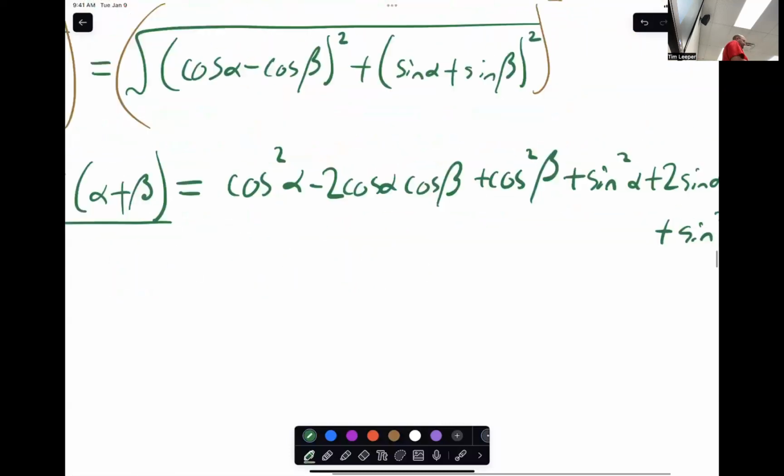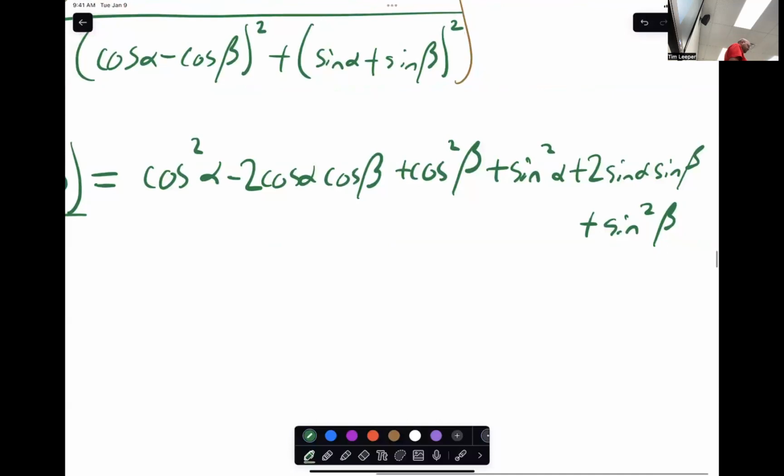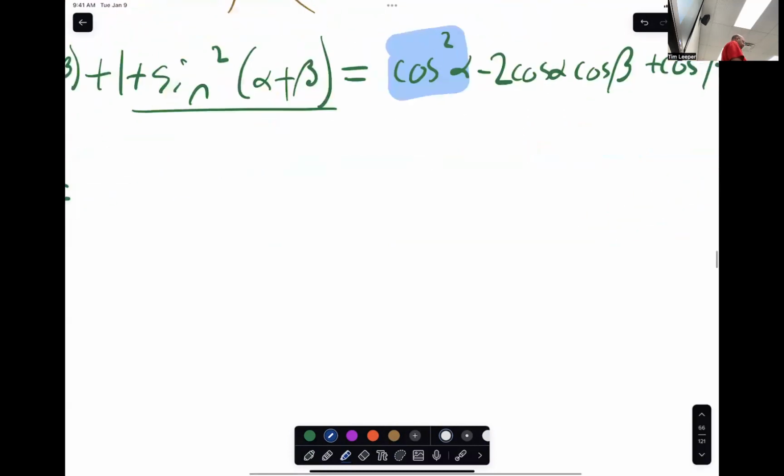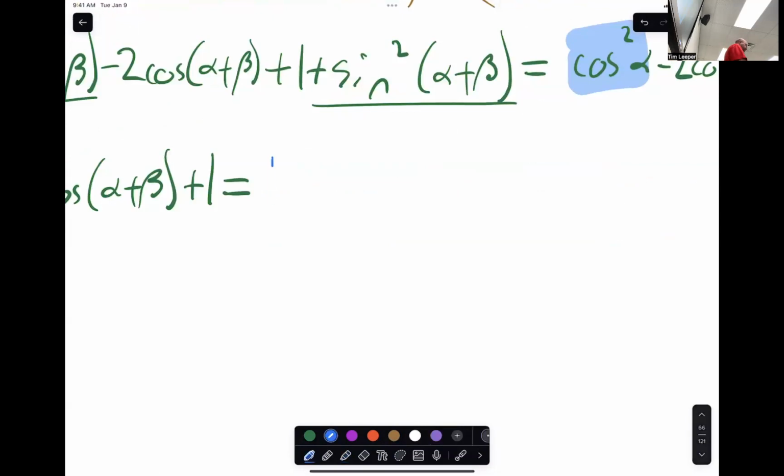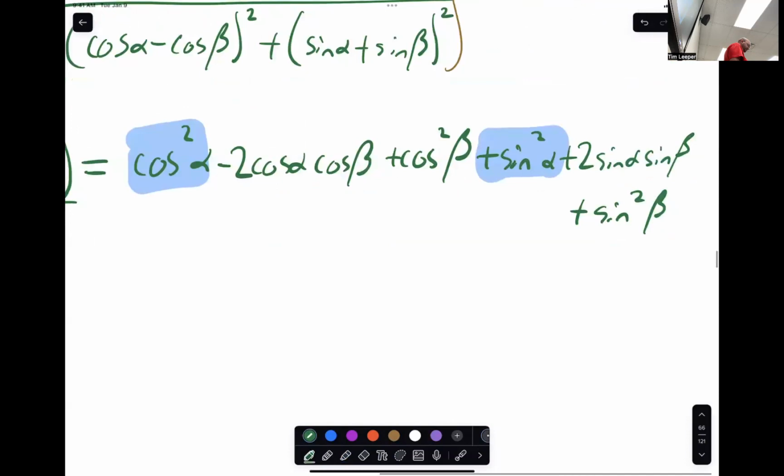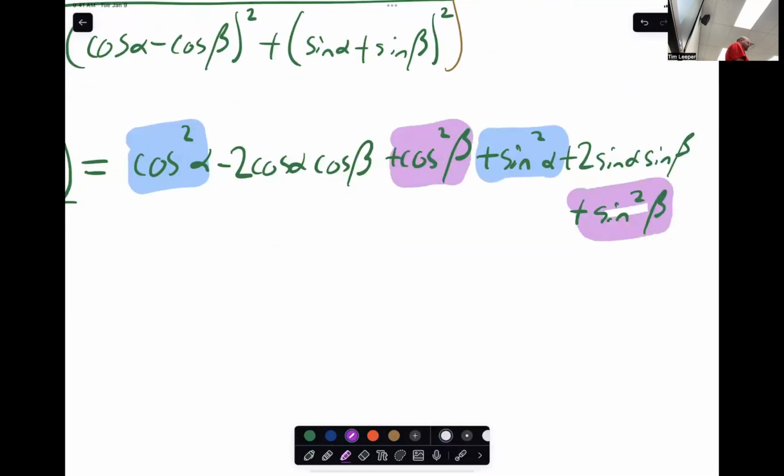What about the right-hand side? Now notice something else. Over here, we have the cosine squared alpha here and a sine squared alpha here. What's cosine squared alpha plus sine squared alpha? 1. So those will just produce 1. Plus, and over here we also have cosine squared beta plus sine squared beta.